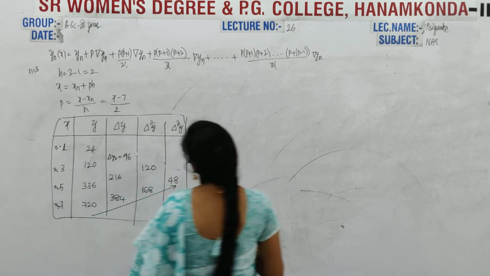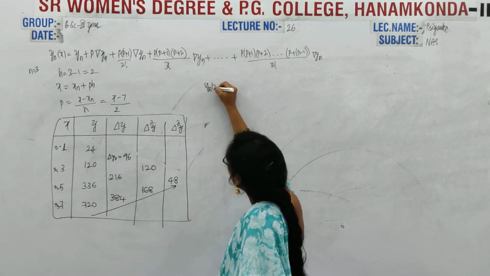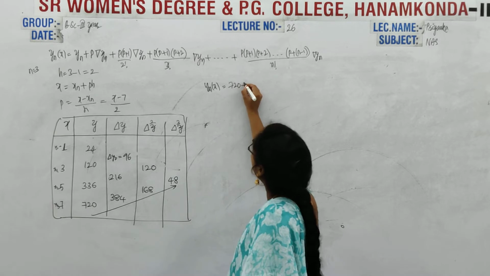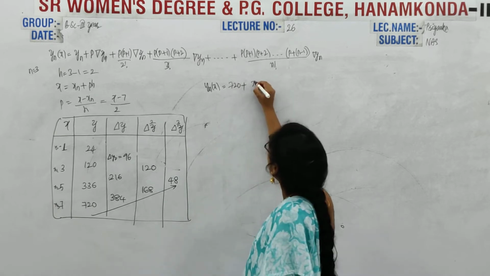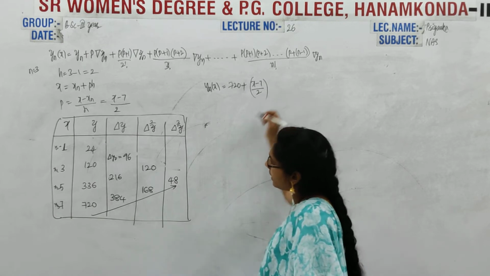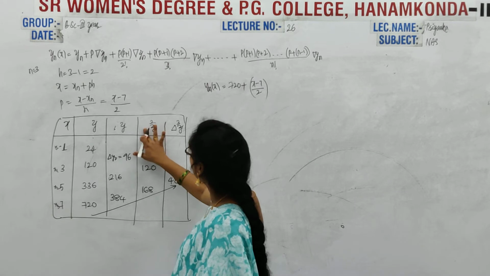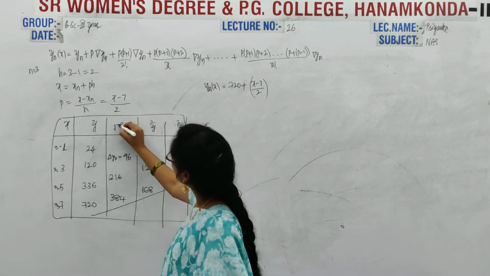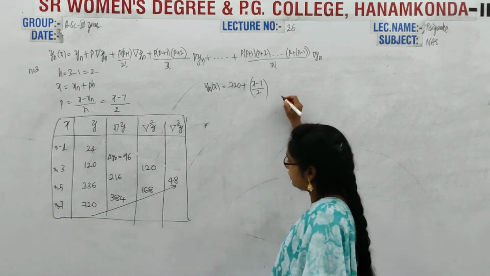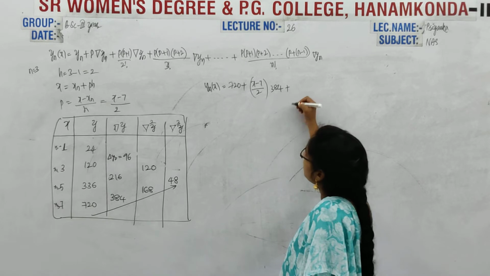Next here I am going to substitute all these values in the formula. Then yn of x is equal to yn, that means 720, plus p, x minus 7 by 2, into grad yn, means this one. Okay, so here the operator will change. 720 plus of course into 384, plus p into p plus 1.